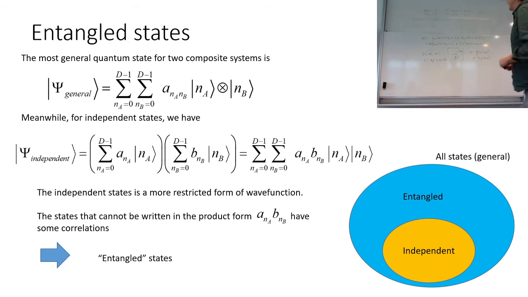So what I was trying to explain here, and then I realized it's actually a little bit more complicated than I thought, is that there's a way of writing any state in this so-called Schmidt form. Okay, so let's write the general formula now.